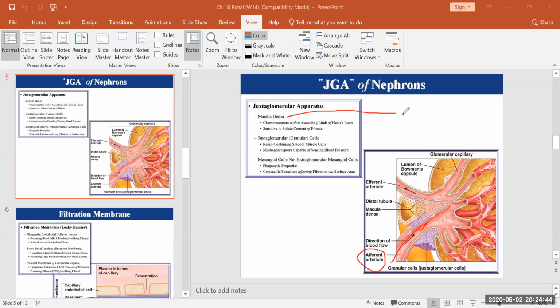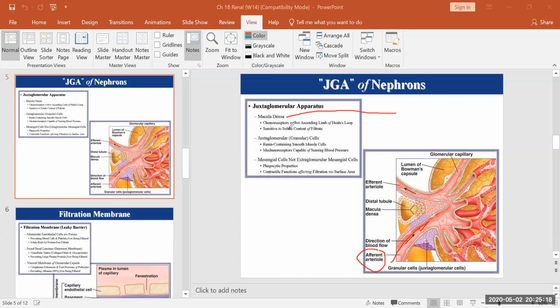It doesn't matter where the boundary is. What matters is that this type of cell is distinctly unique in terms of shape and in terms of what they do. The macula densa cells are sensitive to the concentration of certain chemicals in the renal filtrate, most notably sodium.